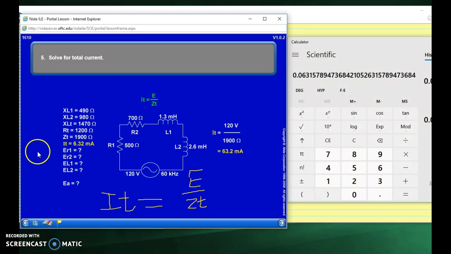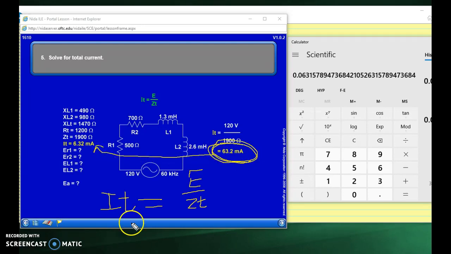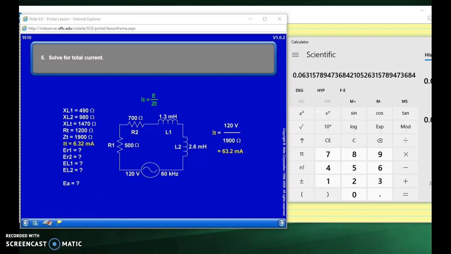This is the correct answer right here. So that was what's throwing me off. This is right. I absolutely agree with that all day long, but when they plugged it in over here, whoops, they messed up. So we've got a little error there that you need to be aware of. I'm going to write that slide down so we can hopefully get that fixed. So anyway, got to take note of that, but the right answer is 63.2, so we're good there.